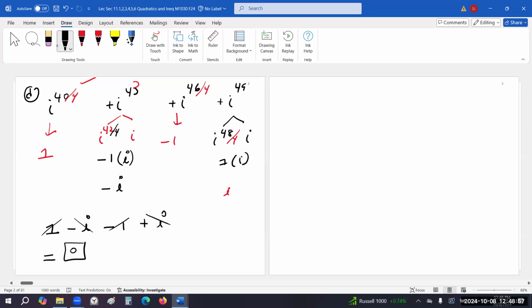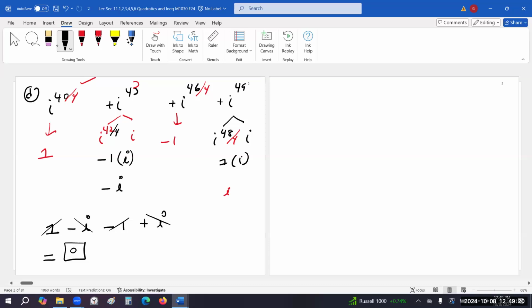Rationalizing the denominator, you need conjugate. Conjugate means what? You keep the same two terms, just the middle sign is different. Many of you did not remember that. You multiply top and bottom by the same denominator. Wrong.